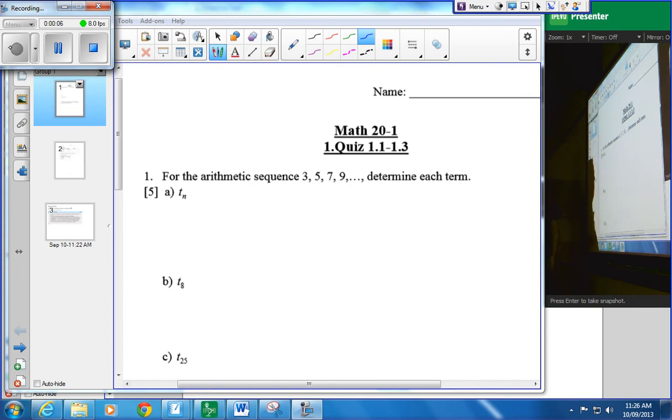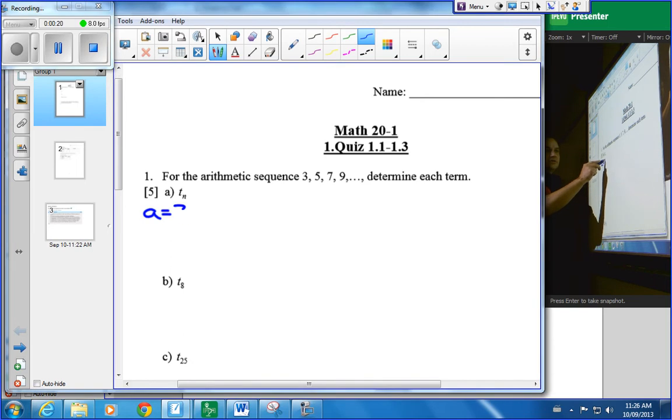This quick one here for the arithmetic sequence 5, 7, 9, right?